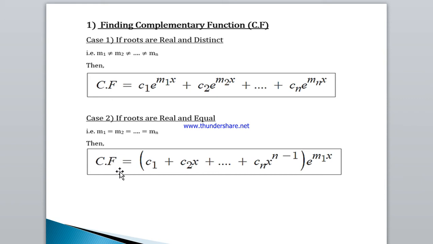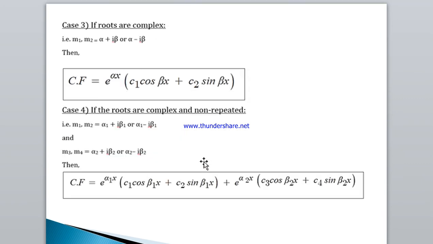The complementary function equals c1 plus c2x plus c3x square plus so on cn x power n minus 1, into e power m1x. We can take only one root because all the roots are equal.